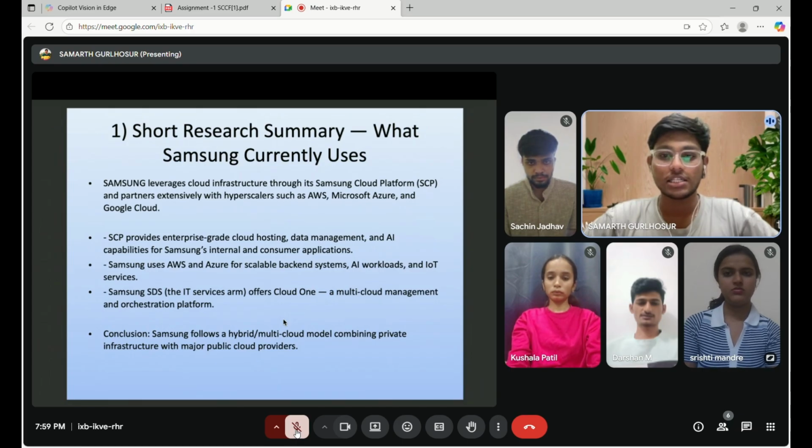So basically, Samsung follows a hybrid model, or we can also say multi-cloud model, combining private infrastructure and major public cloud providers. Now let us understand in depth what exactly Samsung is using for private, public, and hybrid. Also, let us see the risks in the cloud systems.